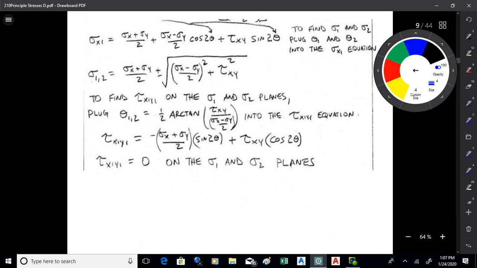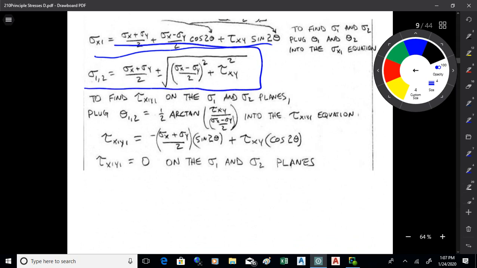If we take that angle and plug it into this expression, I'm not going to go through all the algebra, but it boils down to this equation right here. So sigma 1 and 2, the principal normal stresses, the max and min normal stresses, are equal to (sigma x plus sigma y) over 2 plus or minus the square root of ((sigma x minus sigma y) over 2) quantity squared plus tau xy squared. That's what it boils down to, and that's equation 28.